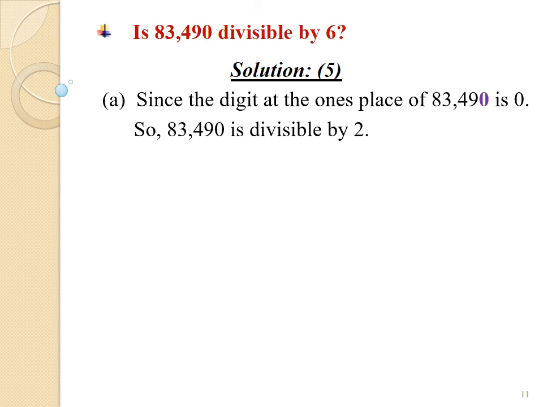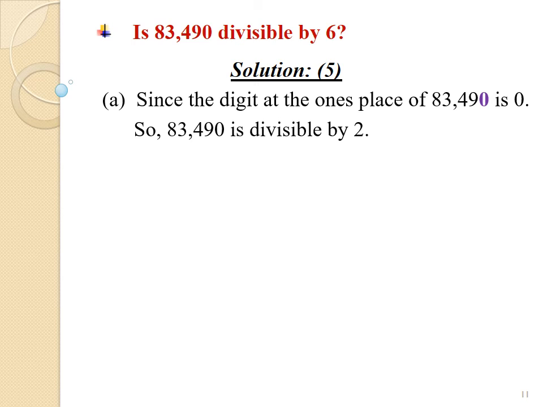Now, let's check whether this number is divisible by 3 or not. Students, we came to know that in order to check whether a given number is divisible by 3, we have to find the sum of its digits. So, let's add all the digits: 8, 3, 4, 9 and 0.